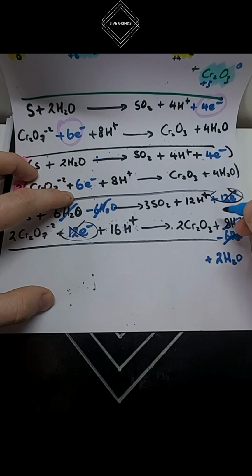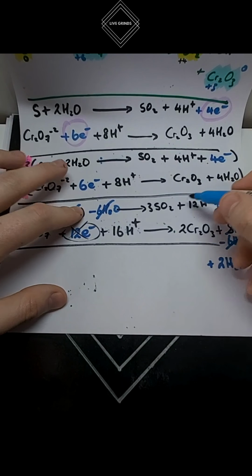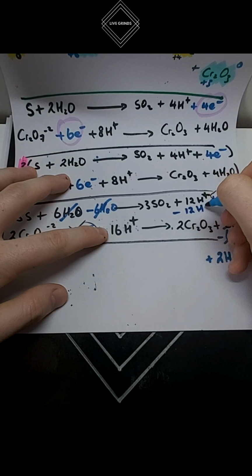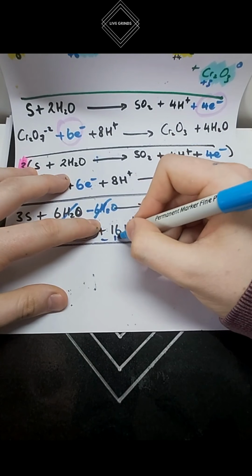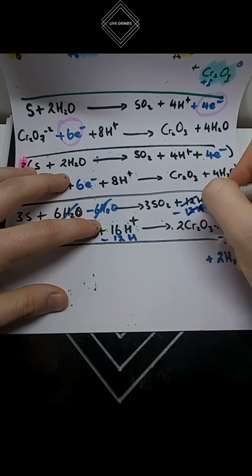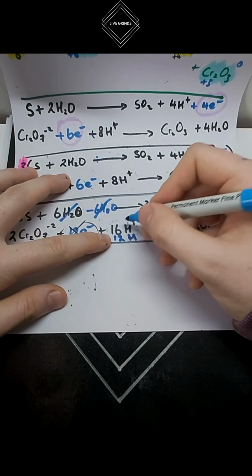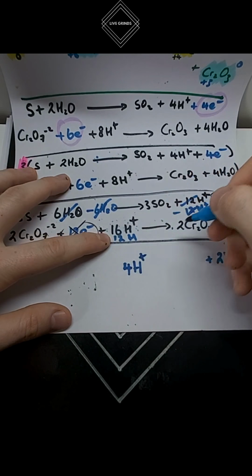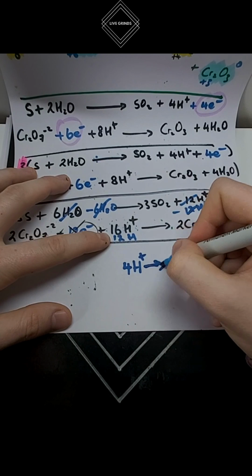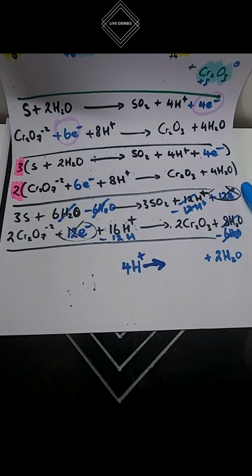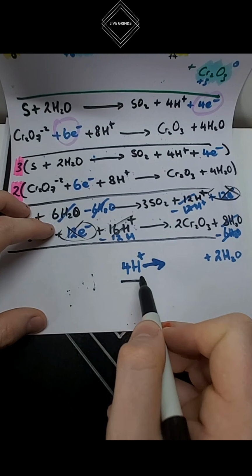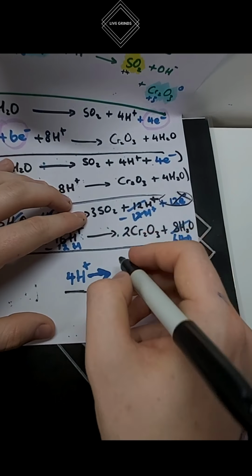That's accounted for. 12 protons on the right, and I have 16 on the left. So at the same time, I'm going to take 12 protons away from the right and 12 protons away from the left. So 4 and 2 is 6. So 4 protons on the left. Okay, that's those accounted for there. 3 SO2s.